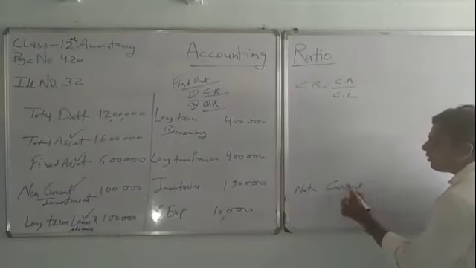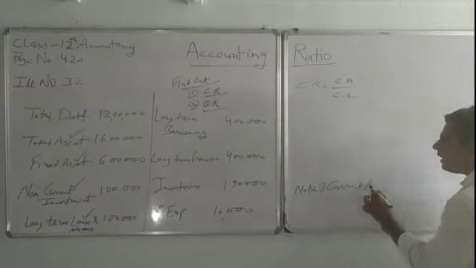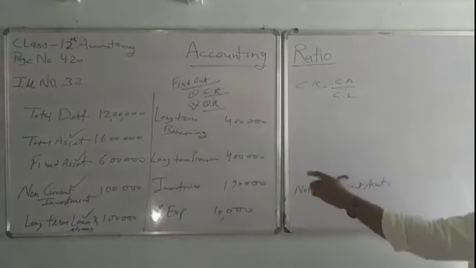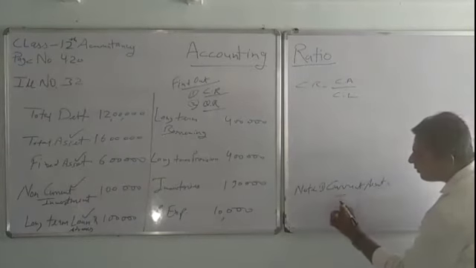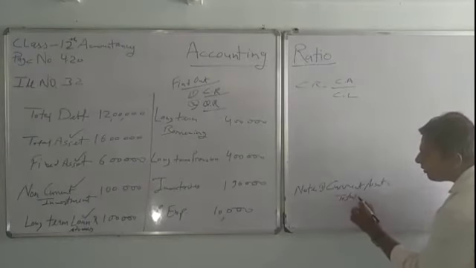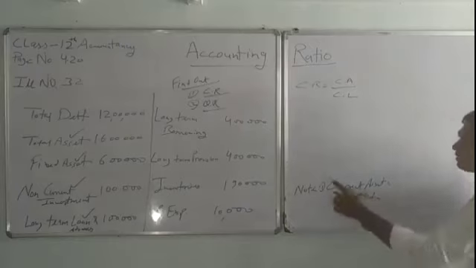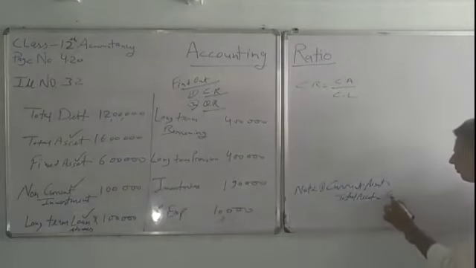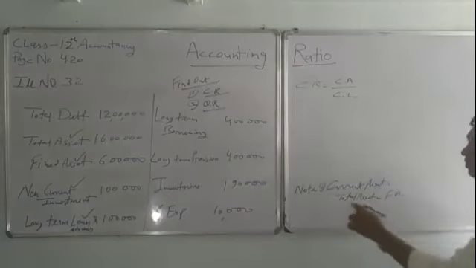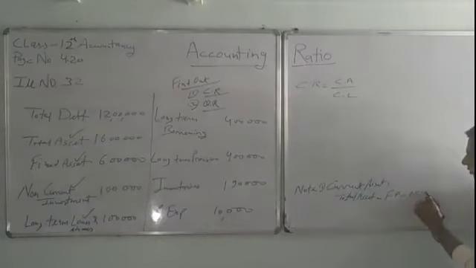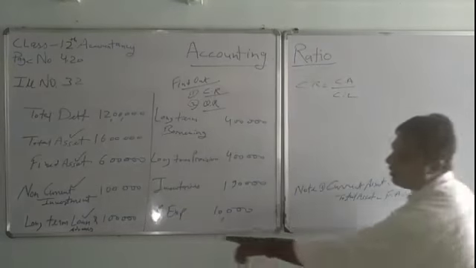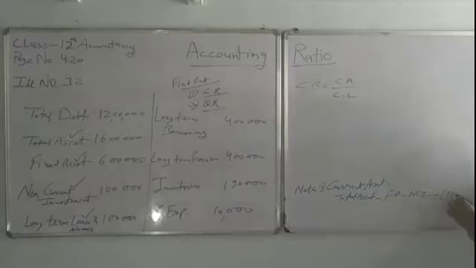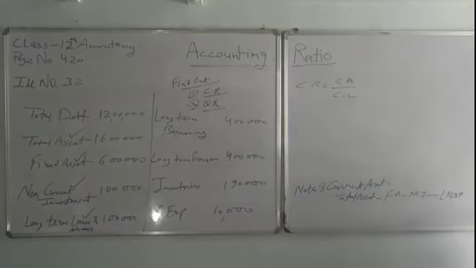Note number 1. Current asset is equal to total assets minus fixed asset, minus non-current investment, minus long-term loans and advances.